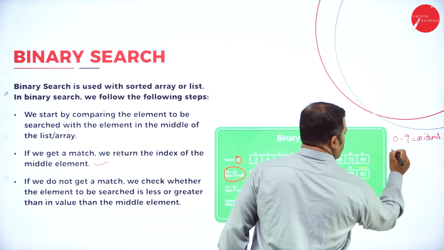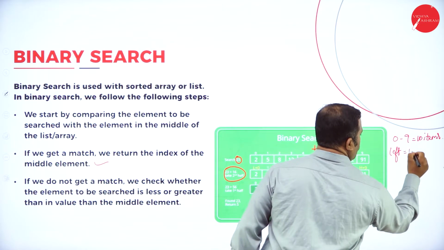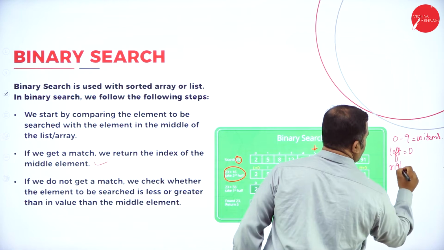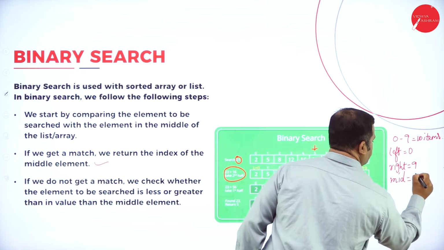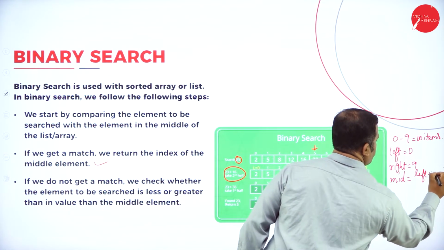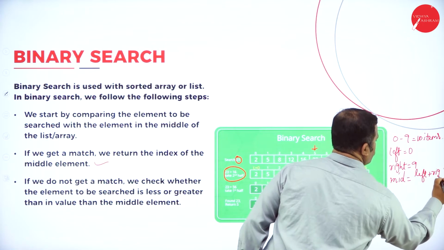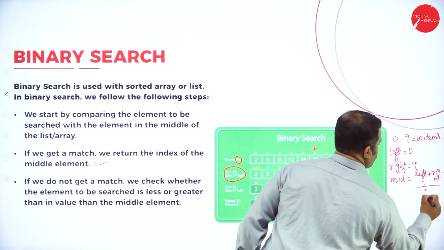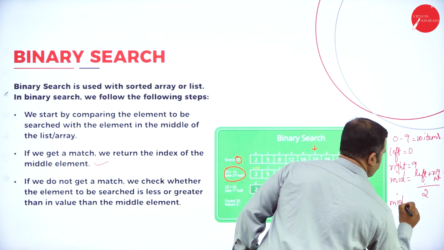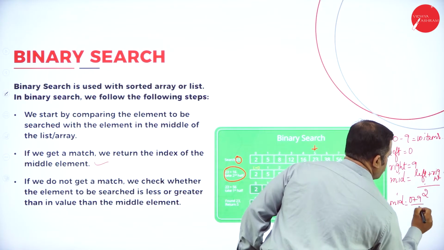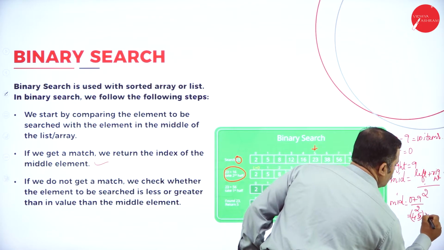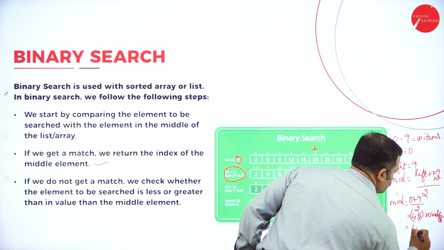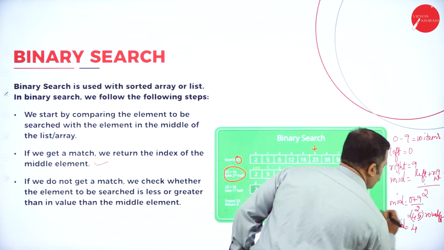Now, if I place left is equal to 0 and right is equal to 9, mid is equal to left plus right by 2, that is, mid is equal to 0 plus 9 by 2, which is equal to 4.5. If I round off this, I'll get the value 4. That is, mid is equal to 4.